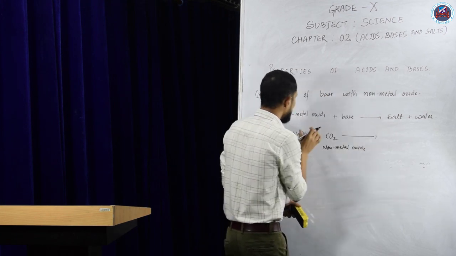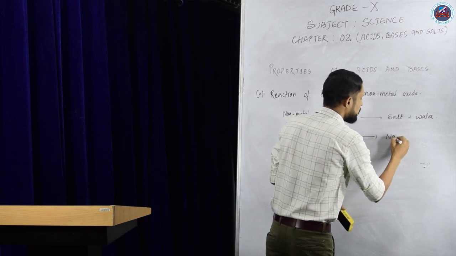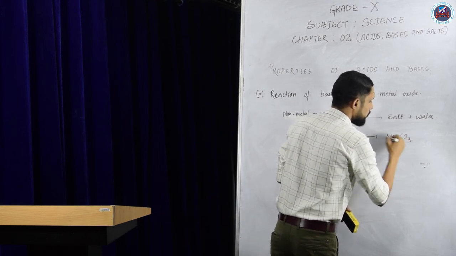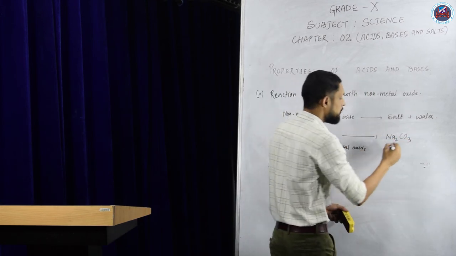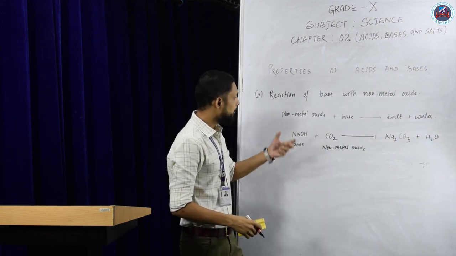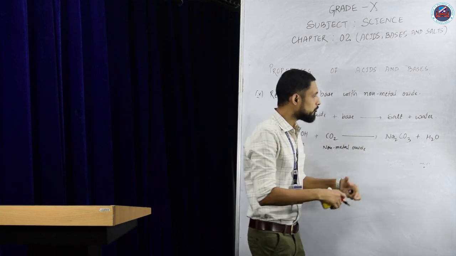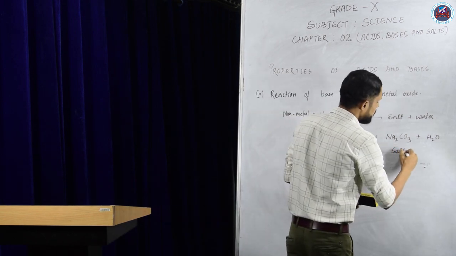So if sodium hydroxide reacts with carbon dioxide, it will form the salt Na2CO3, that is sodium carbonate, along with water. So base, if it reacts with non-metal oxide, it forms salt and water.